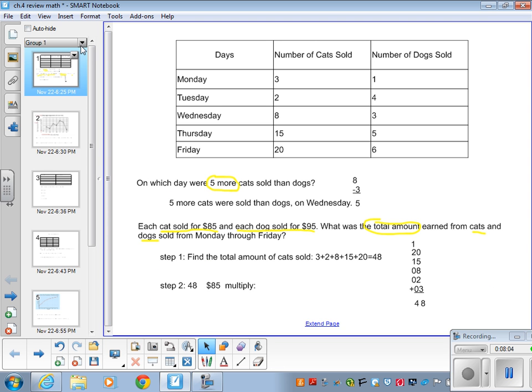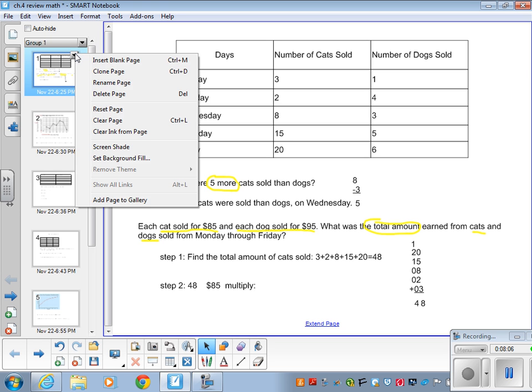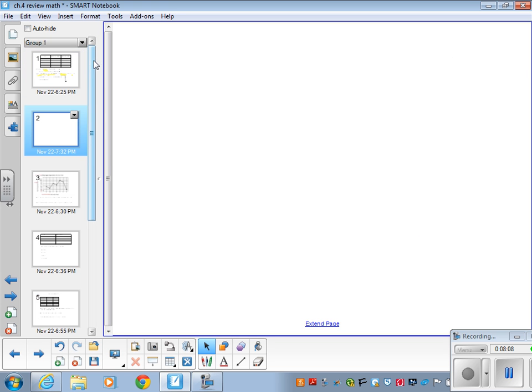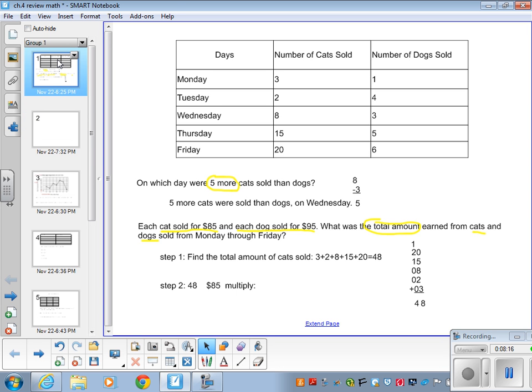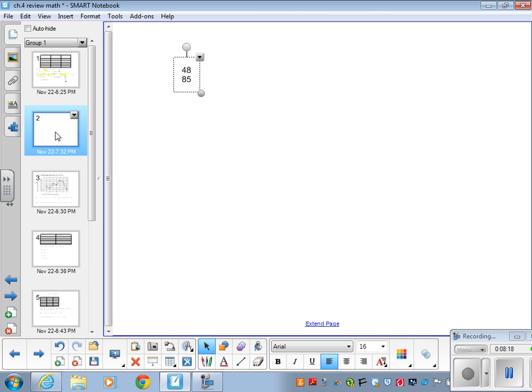I'm going to insert another page under here. Okay, so we're doing 48 times 85. We'll write our answer over here. 48 times 85. And that will give us how much money they earned from selling the cats.